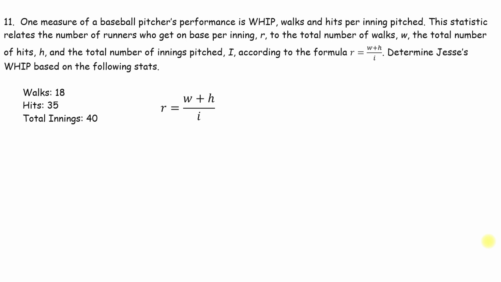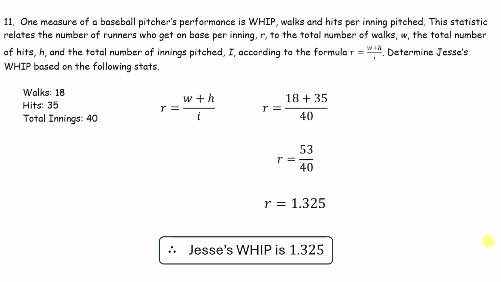We need to find out what R is. Plugging those values into the equation, we end up with 18 plus 35 over 40. R is 53 over 40. R equals 1.325. So our closing statement, Jesse's WHIP is 1.325.